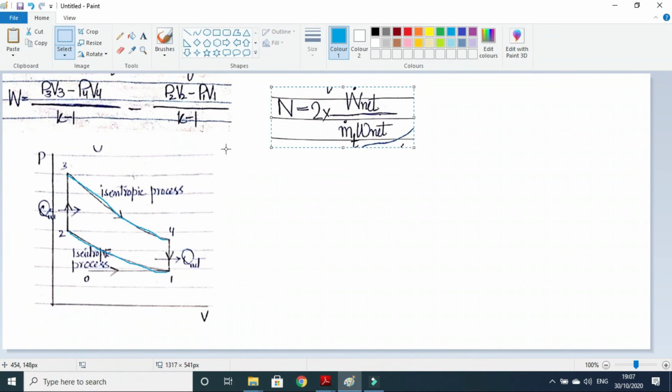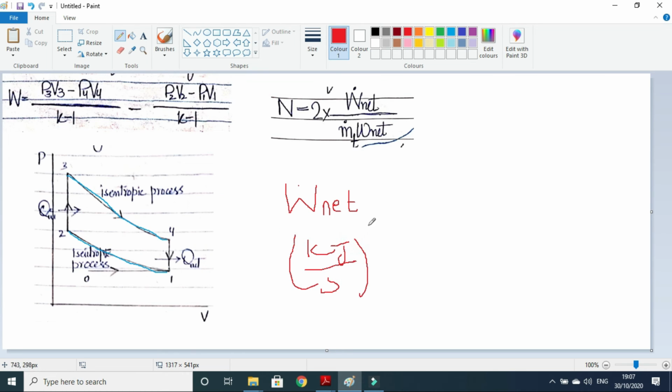So we can write W dot net, its unit will be kilojoule per second. How can we calculate this? So we can start with W net specific. Its unit is kilojoule per kilogram.